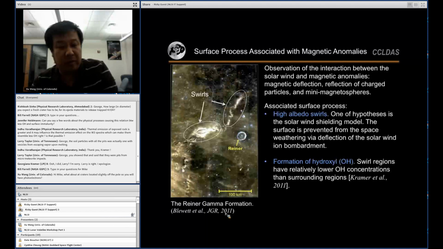The left image shows the swirls with the high albedo marks, which show a fresh surface. Linked to that same theory, it has also been found that OH has a relatively lower concentration in swirl regions than in off-swirl regions.